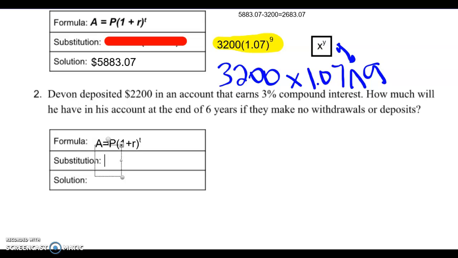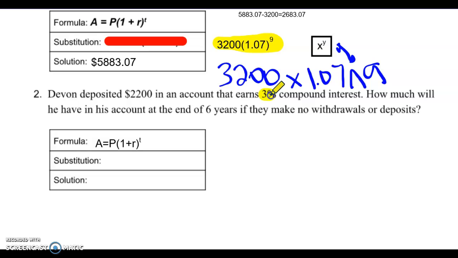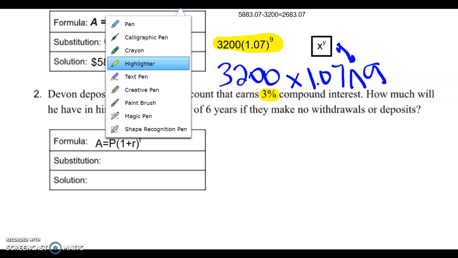All right, so you're going to see that I have retyped that equation. Amount equals the principal times 1 plus RT. Right over here, I'm going to look for my rate, and I like to use the highlighter. It's 3%.